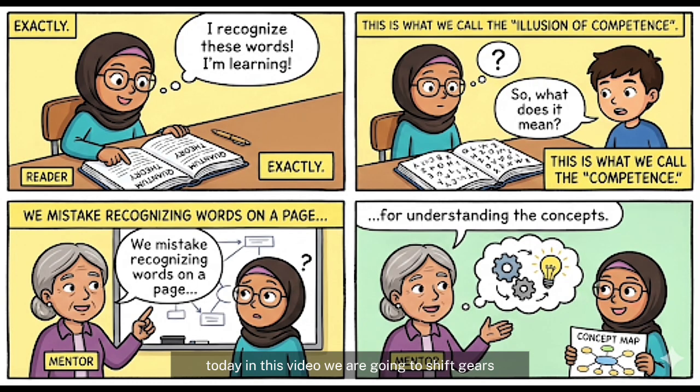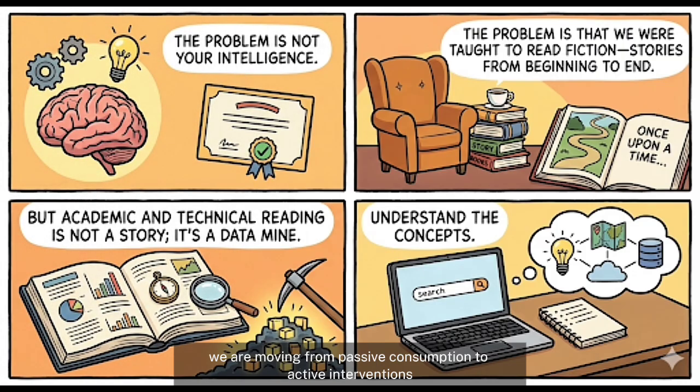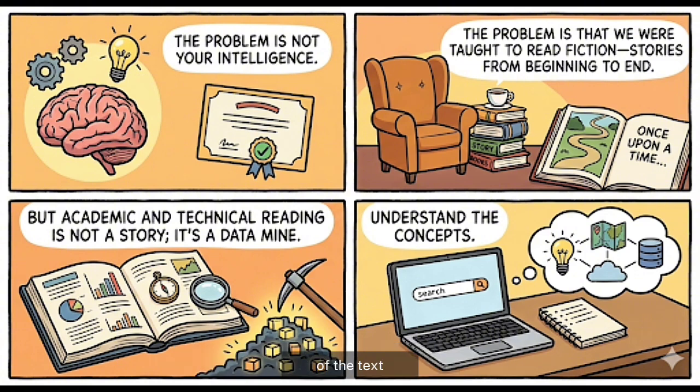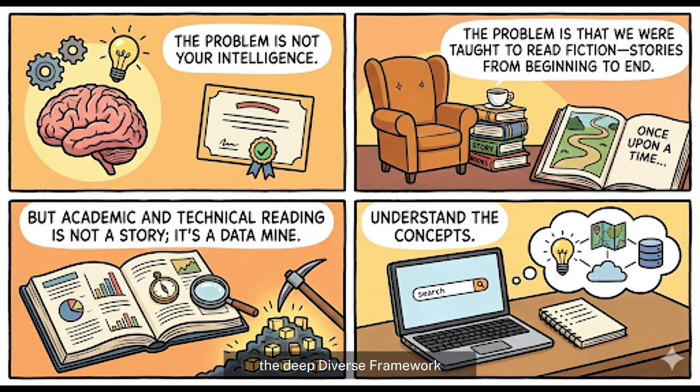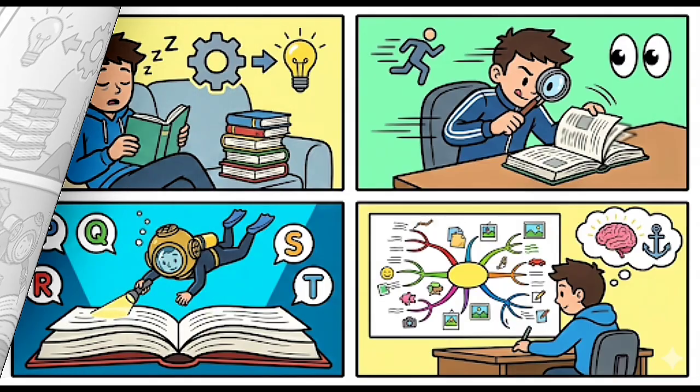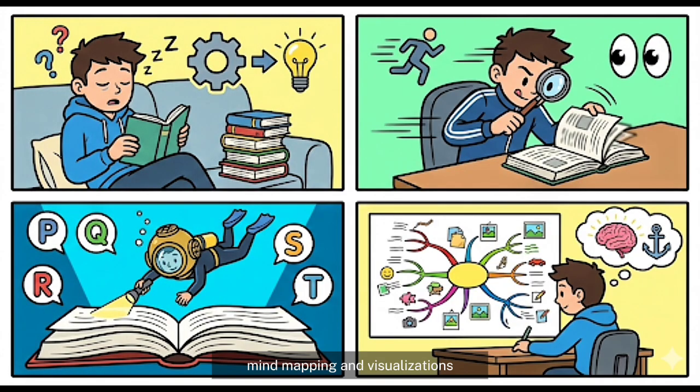Today, in this video, we are going to shift gears. We are moving from passive consumption to active interrogation of the text. We will cover the sprinter's tools like skimming and scanning, the deep dive framework, the PQRST method, and the memory and recall tools, mind mapping and visualization.